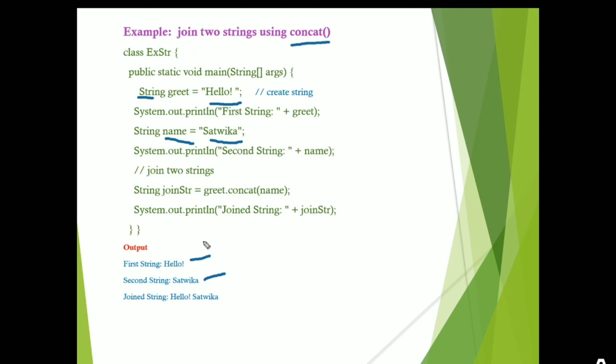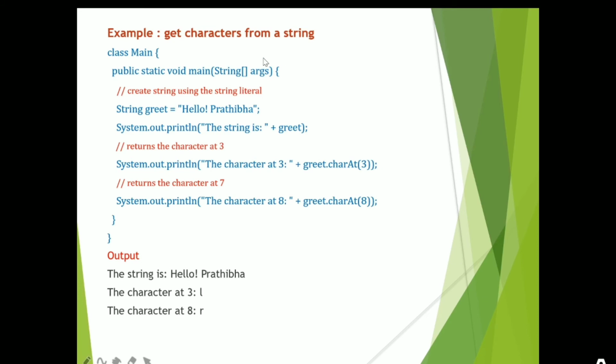Greet has hello at the end, the name string is appended to greet and assigned to join string. When we display join str, it displays hello Satvika. This is the first string and this is the second string, and when we concatenate them, the result is hello Satvika. This is the concat operation used to concatenate two strings.